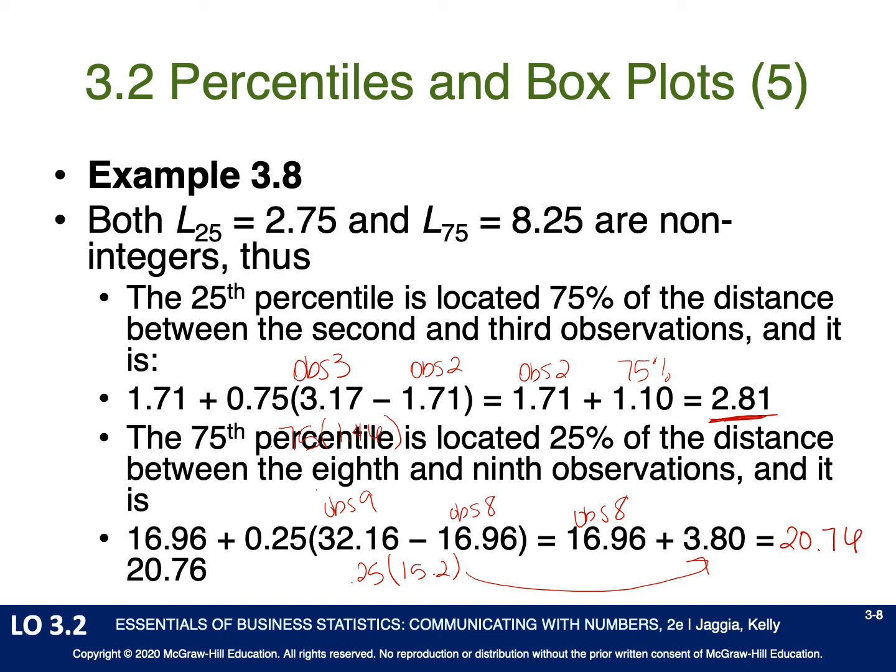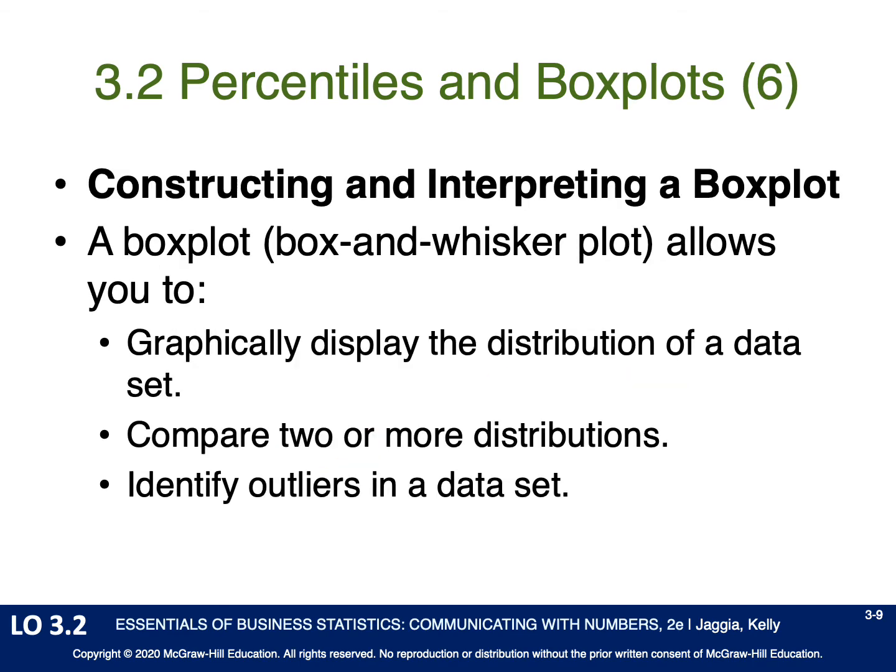So percentile 25, or quartile 1, is 2.81. And percentile 75, or quartile 3, is 20.76. Now we can use this to construct what we call a box plot, and that's just a visual representation of what's called the interquartile range.